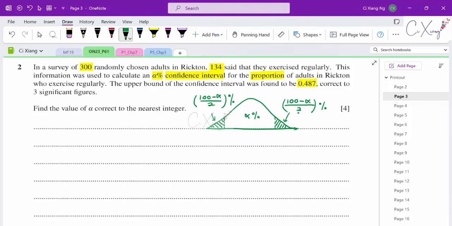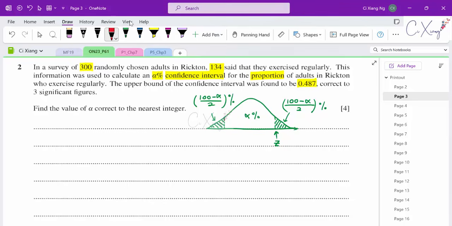Now, what are these two values here? We actually need to find the value of z first before we can use it to find back alpha percent. So first I have to find the value of z from the confidence interval, and after that I can use z to find alpha. How can we start?